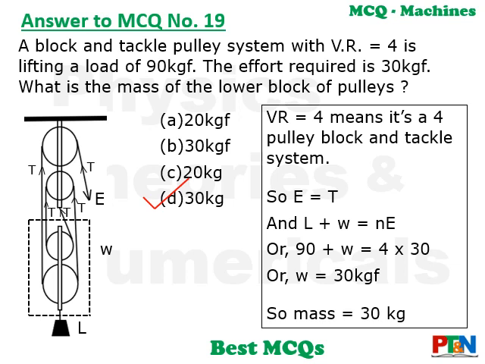So effort is equal to T, that is one part. And also relationship says L plus W is equal to N into E. So 90 plus W is equal to 4 into 30. So W is equal to 30 kgf. If W is equal to 30 kgf, so mass is 30 kg.